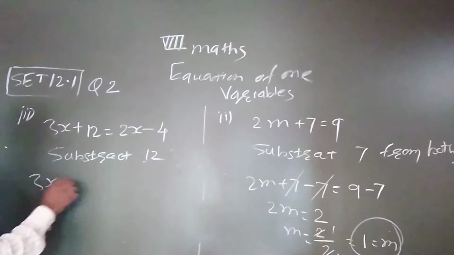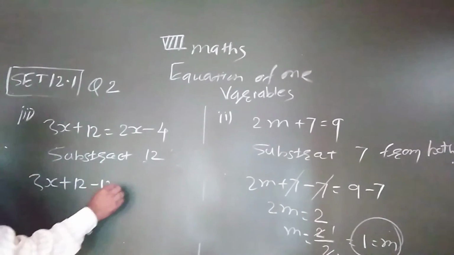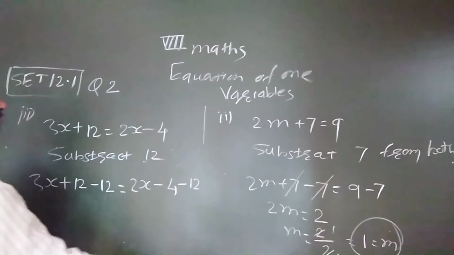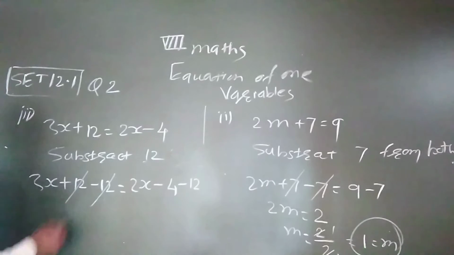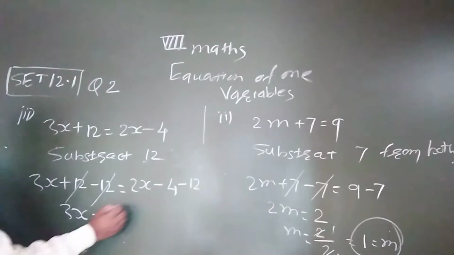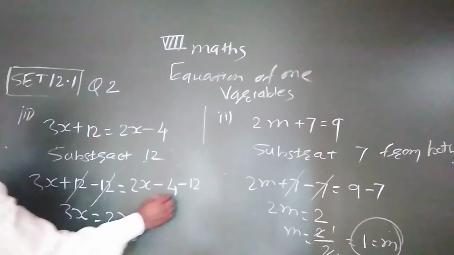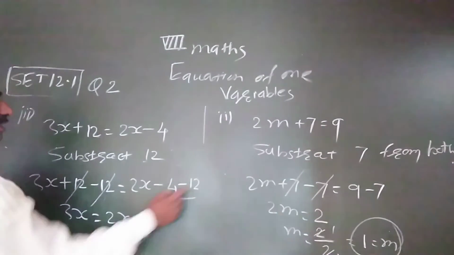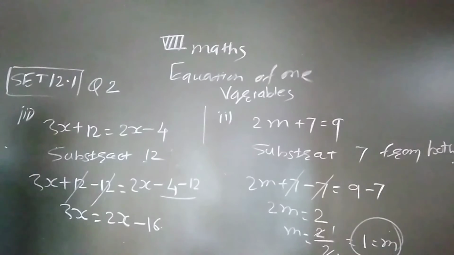So 3x plus 12 minus 12 is equal to 2x minus 4 and minus 12. Therefore, this gets eliminated, only the 3x remains. Here is the 2x minus 4 and minus 12. Both are having the same sign, so it will get added. It is 16. 12 plus 4, it is 16.